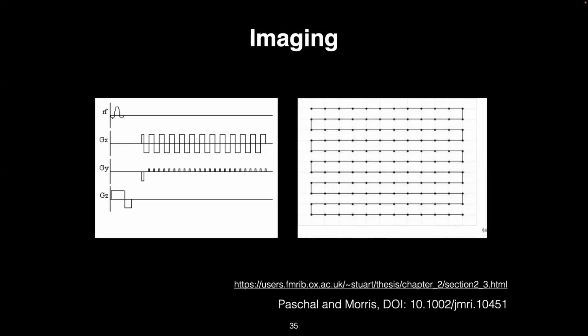This here represents a general way of doing echoplanar imaging, where we would do our same excitation of our slab of tissue in the beginning, but now we would turn our gradients on and off as quickly as we can and just zip through all of what we call our encoding space, our K-space, so that we would get all of that frequency information that we need to reconstruct our image.